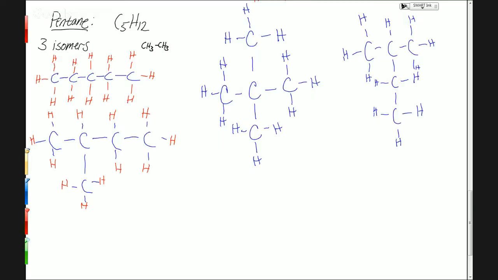And with the condensed structure, another thing we didn't say before, you can draw it with lines or without lines. Whoops, and there I just made a mistake. Those should be CH2s in the middle. So I can put the lines there, or I can just draw them all smashed together like we did in that table. So that's that one. This one down here is going to look like this.